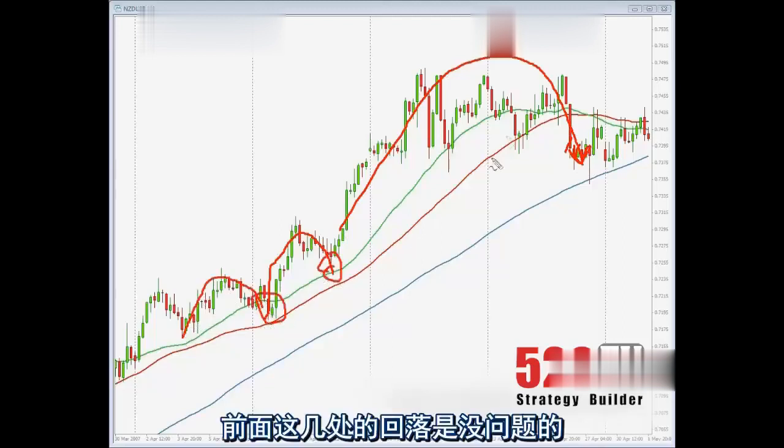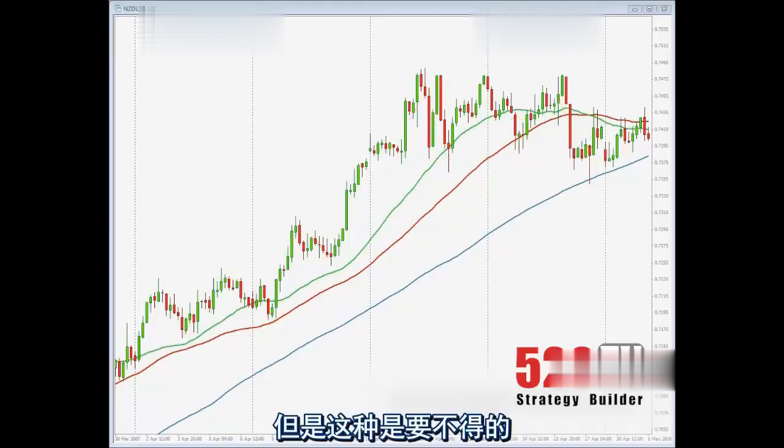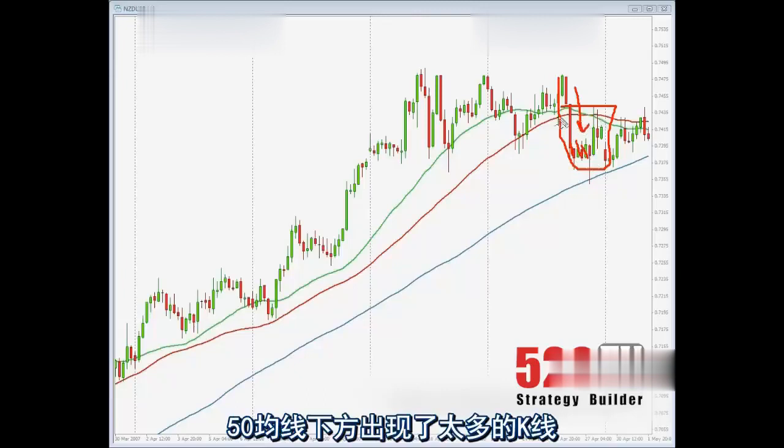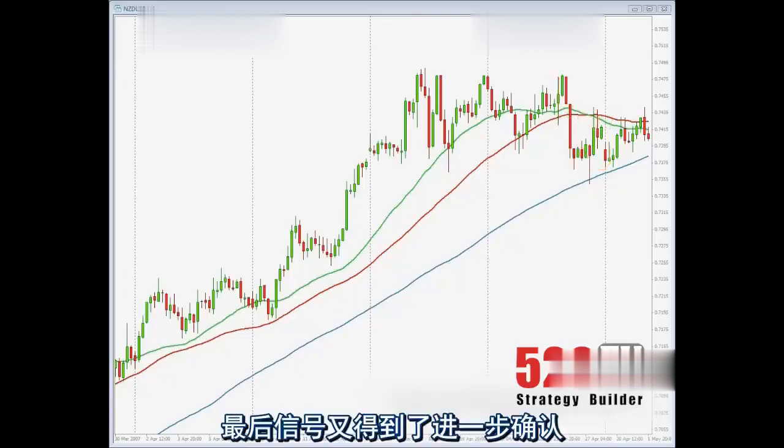down here, down here, down here, down here. That's all right, but you do not want this kind of retracement with momentum bars to the downside, many bar closes below the 50, and finally you get the confirmation.